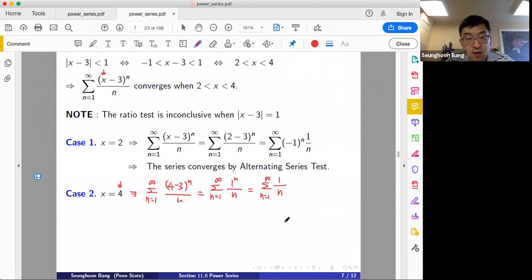So we have the summation from n equals 1 to infinity of 1 over n. Is this series convergent or divergent? What do you think? Could you write your answer on the chat board? Converges or diverges?